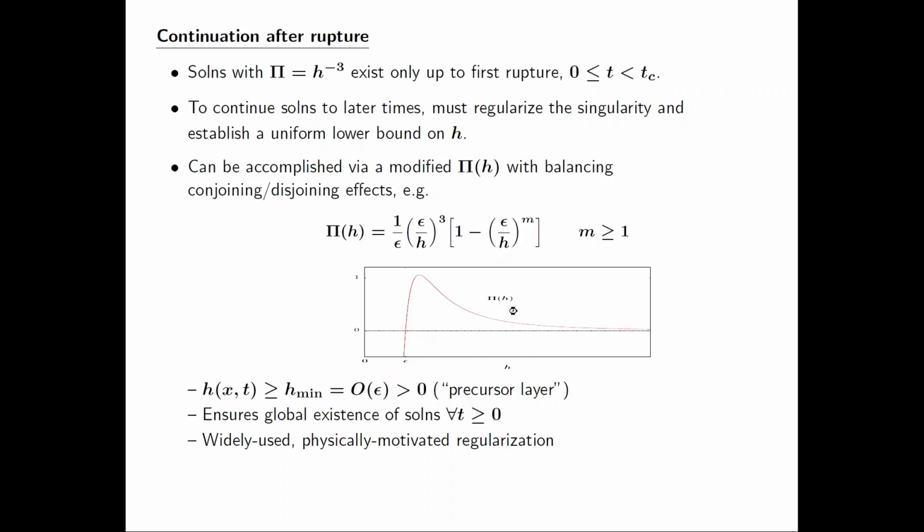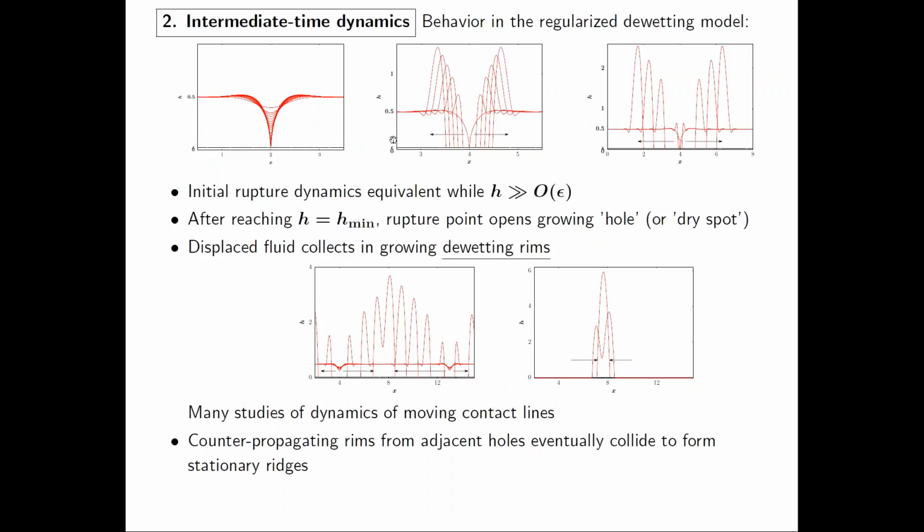Okay, so part two, the intermediate stage. After the thin film has gone unstable and approached rupture, instead of really reaching rupture, it will stop. It will be bounded from below by epsilon, and instead of the PDE simulation stopping, that point rupture opens up and forms a hole that widens.